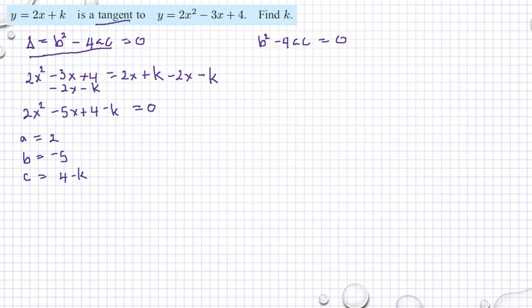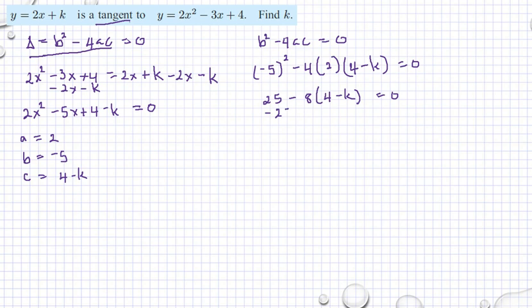That's the definition of the discriminant when it only has one point of intersection. Then we have -5 squared minus 4 times 2 times 4 minus k is equal to 0. Then we have 25 minus 8 times 4 minus k is equal to 0.